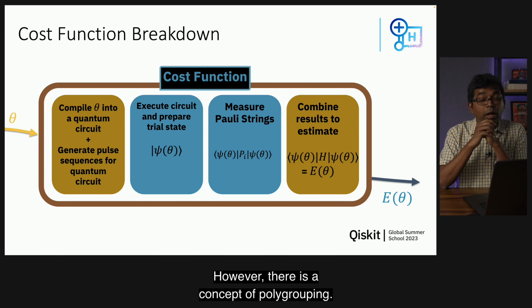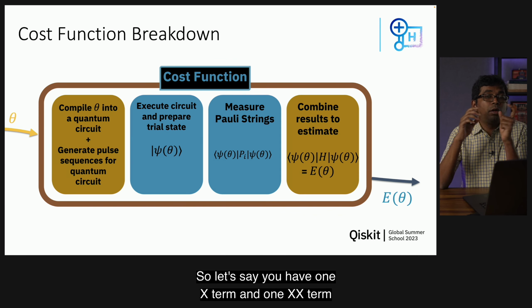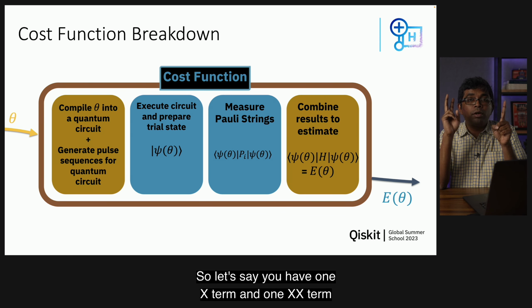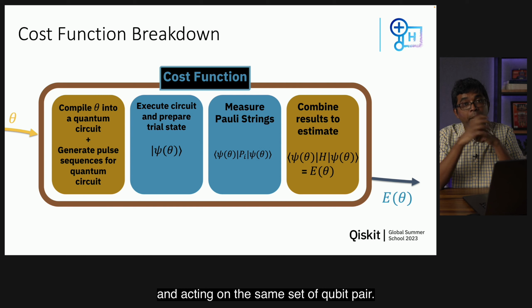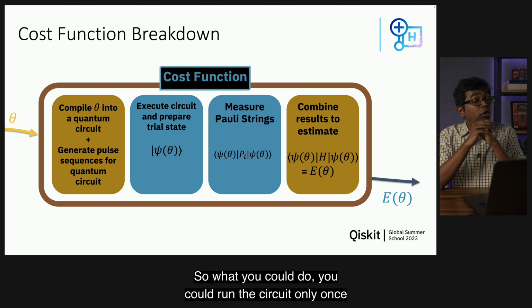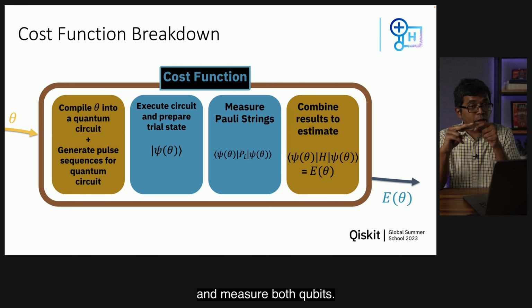However, there is a concept of Pauli grouping. So let's say you have one x term and one xx term, acting on the same set of qubit pair. What you could do is run the circuit only once and measure both qubits.